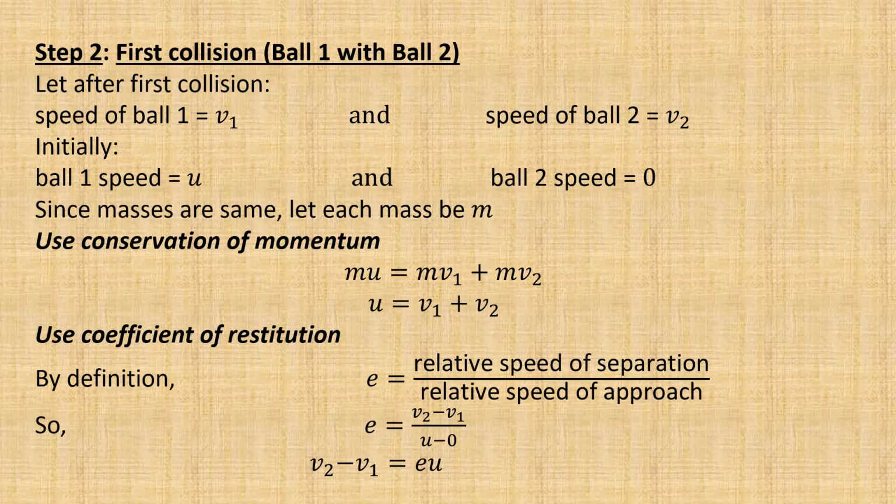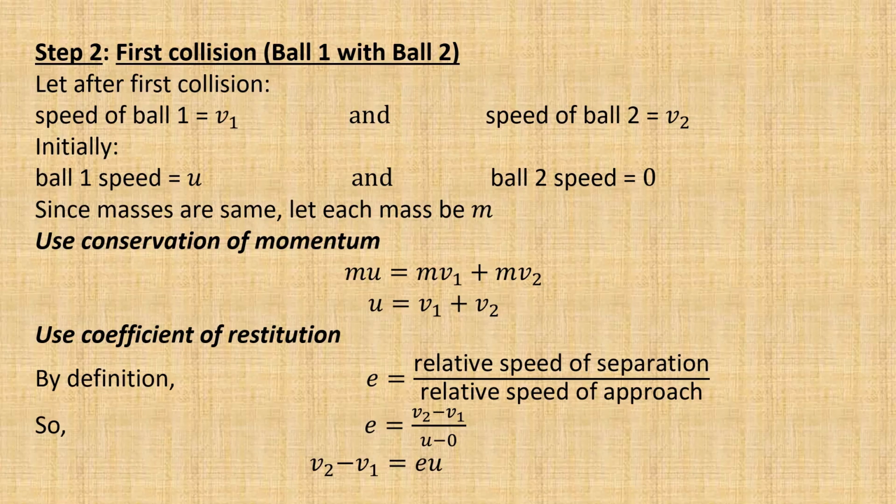Since all masses are equal, let each mass be m. Now we write two equations. The first one is based on the principle of conservation of momentum. Here mu is equal to mv1 plus mv2, that is u is equal to v1 plus v2. This is our first equation.